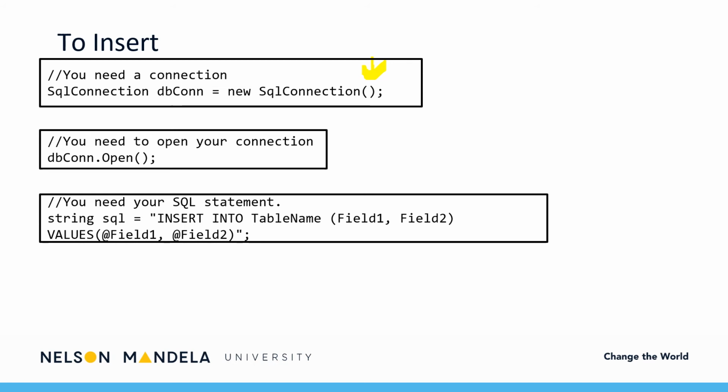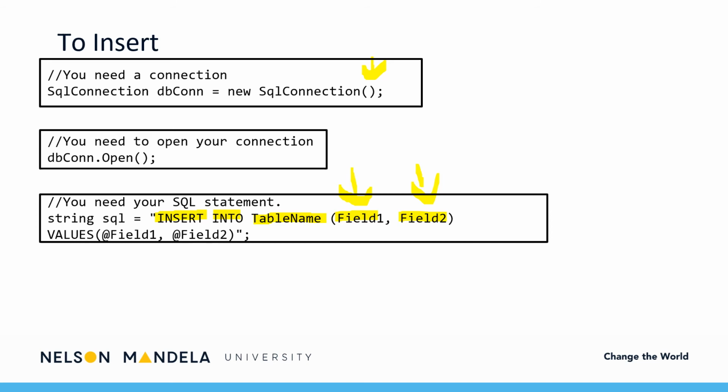So SQL statement here you want to insert, and then you say into, and then you provide the table name that you want to insert into. And then once you've done that, you need the fields that you want to insert. So if you've got a name and a surname, so here you're going to say name, and then over here you're going to say surname.